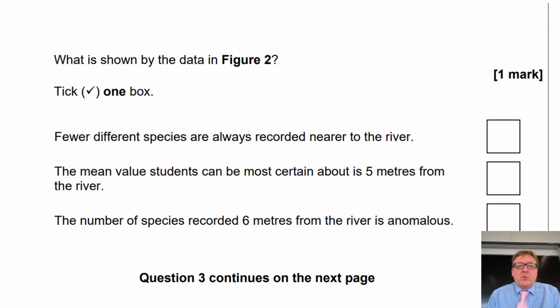What is shown by the data in figure 2? Fewer different species are always recorded nearer to the river. No. The mean value students can be most certain about is 5 meters from the river. That's where the lines are the shortest, so that is then correct.